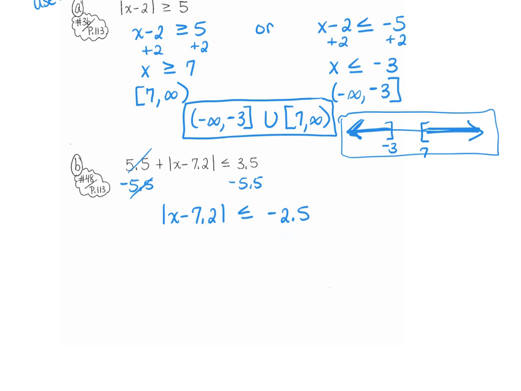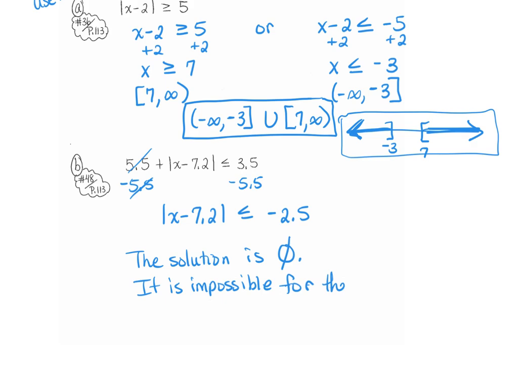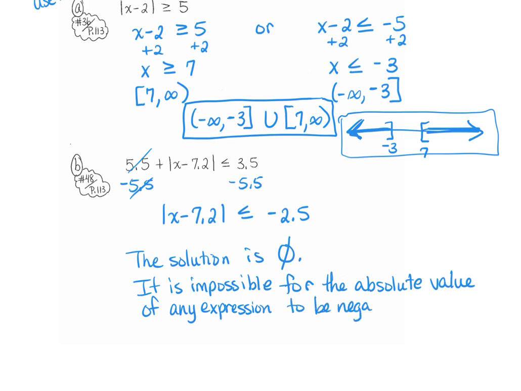So the solution set here is the empty set. It's the empty set because it is impossible for the absolute value of any expression to be negative. Okay? And there you go.